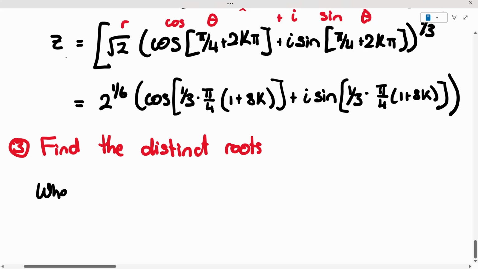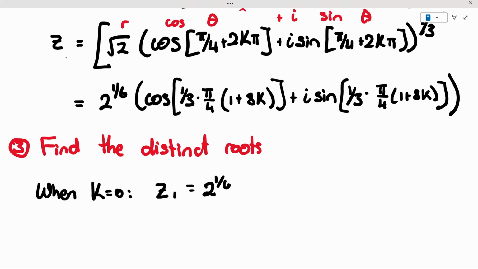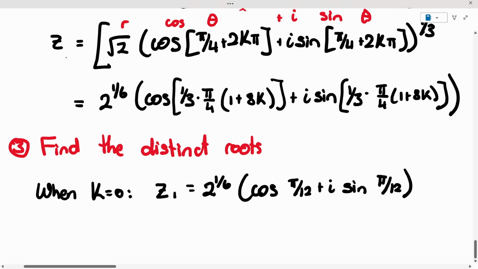When k is 0, what do we have? We have z1 equal to 2^1/6 cos, and k is 0, so we get 1/3 times pi on 4, which is pi on 12, plus i sine pi on 12. Nice.